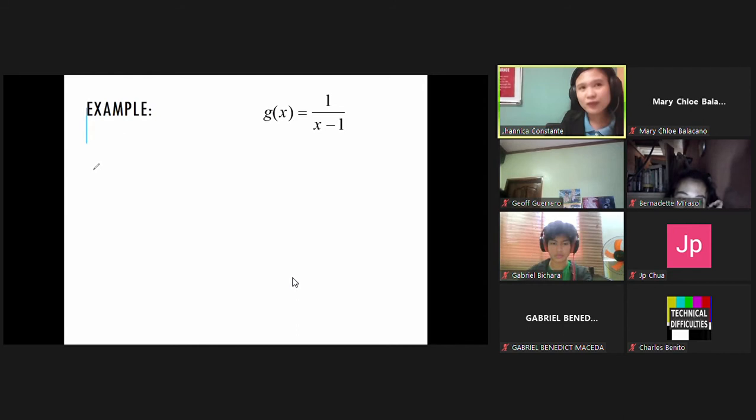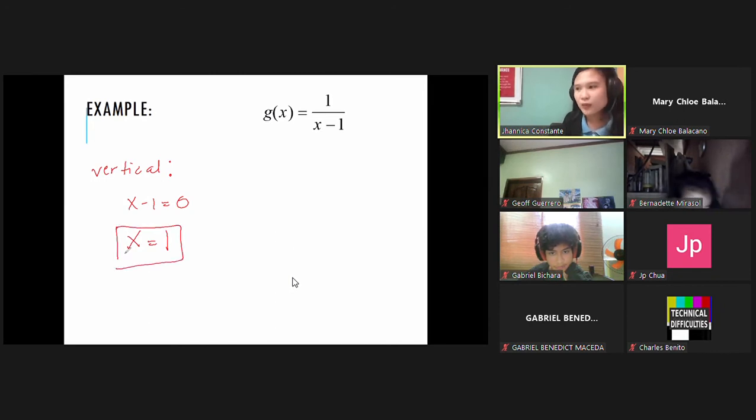So let's find first our vertical asymptote. We don't need to factor x minus 1 because it's only x minus 1. So that's already x minus 1 equals 0. So our vertical asymptote is equal to positive 1.